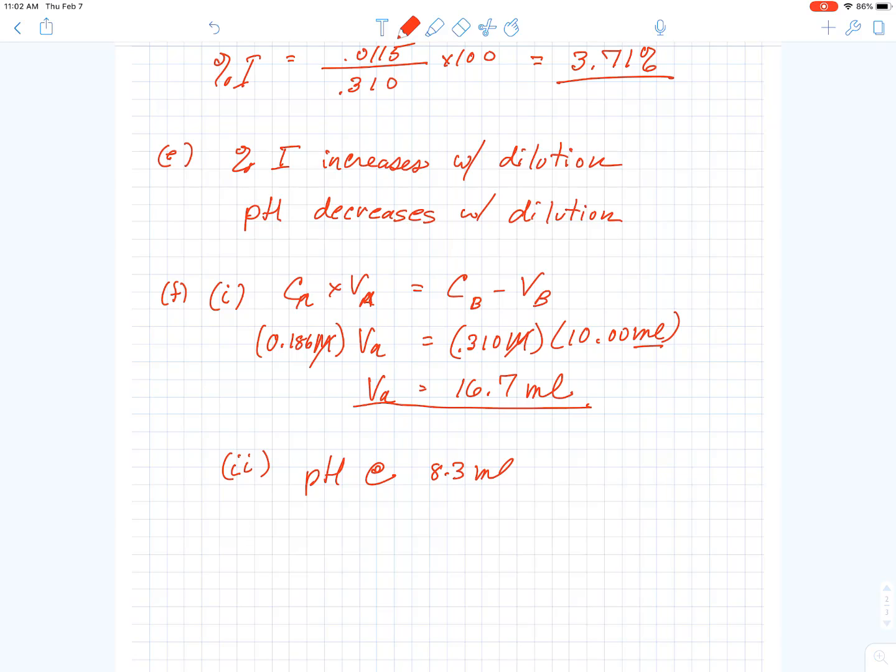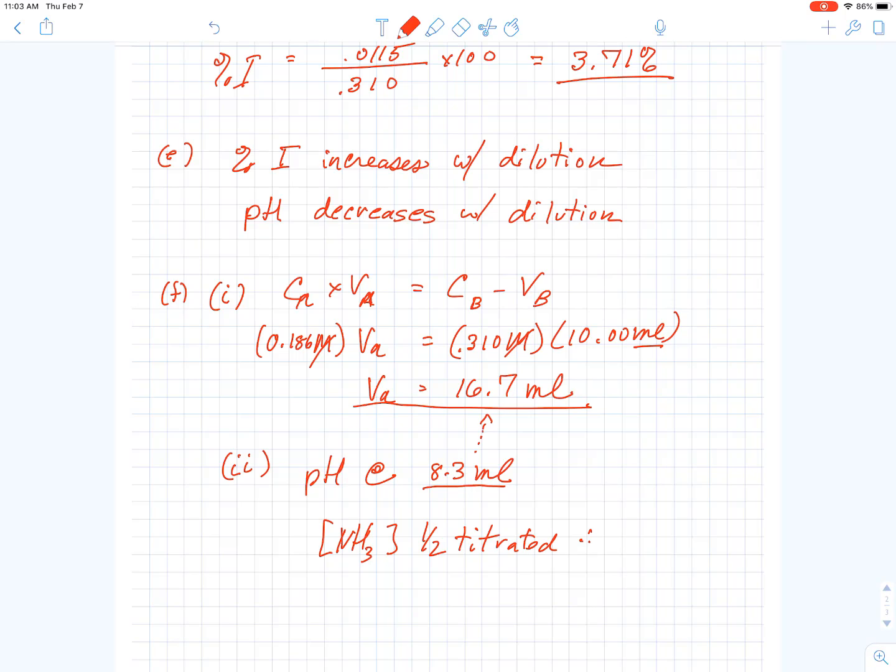Now, finally, they want to know the pH, not at the equivalence point, but at the 8.3 mL mark. Now, that might be a real tough calculation, but there's a shortcut around it. Typically, the last question on a FRQ has a sneaky, easy method of solution.